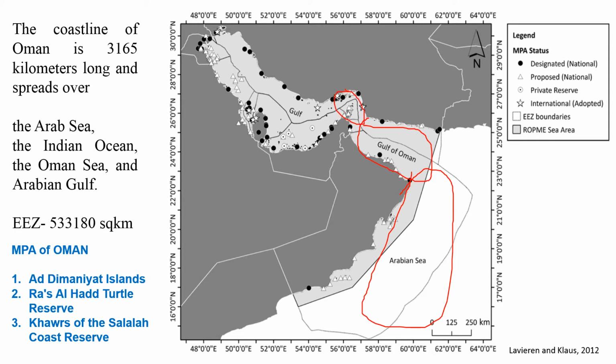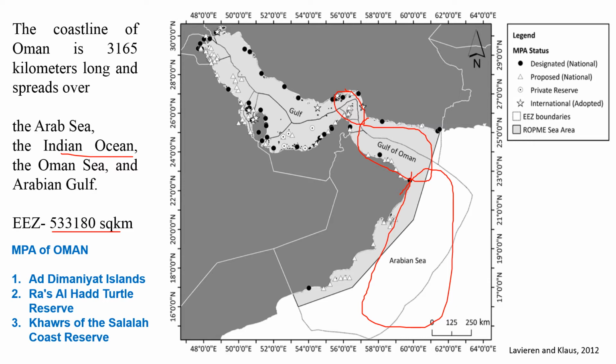These three main seas surround Oman, and all three are connected with the Indian Ocean, so it has a huge influence from the Indian Ocean subsystem. I have already talked about the total EEZ.